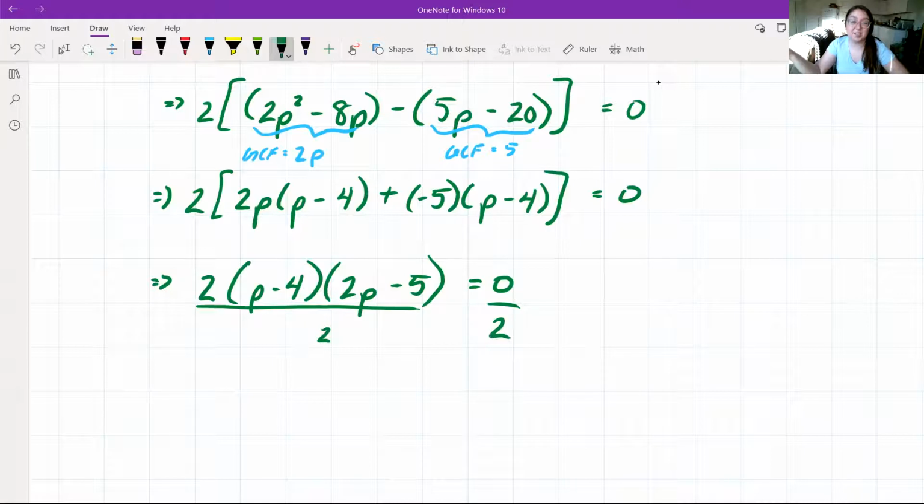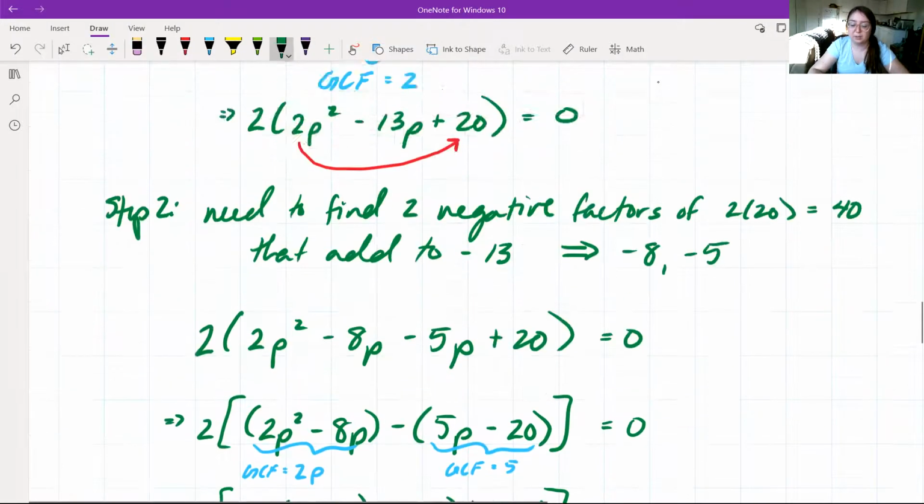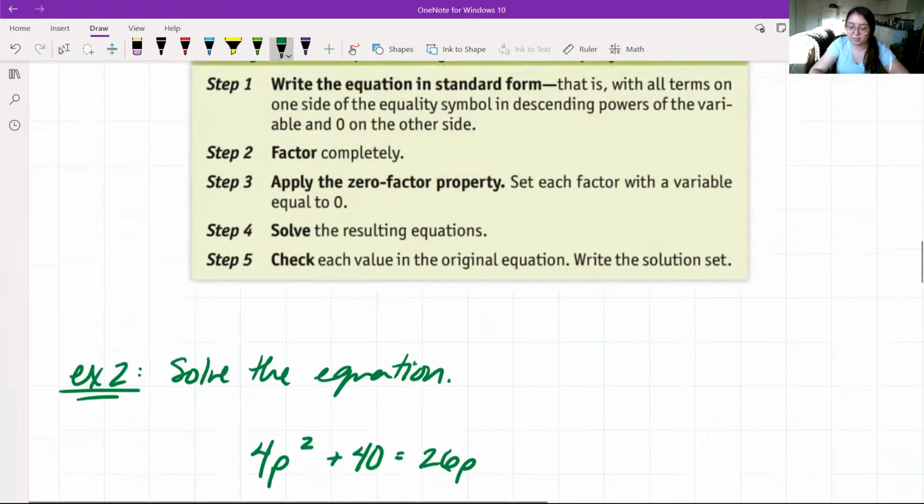And since our other side is just 0, it's still going to just be 0. So we have p minus 4 times 2p minus 5 equal to 0. So now we have our form in our zero factor property here.